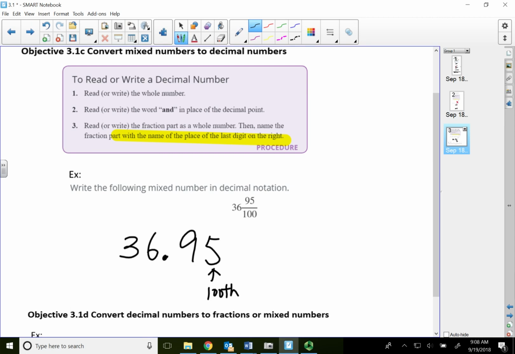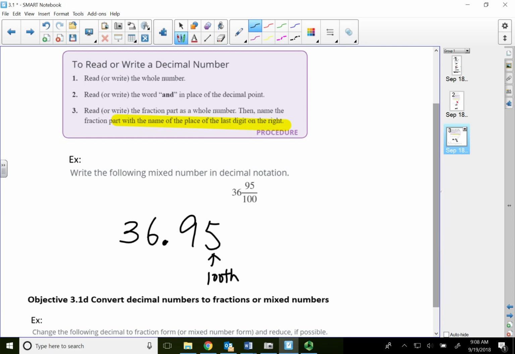All right. So let me go a step further. As you can recall, a mixed number is always a whole number plus a fraction. So 36 and 95 over 100 is 36 plus 95 over 100.